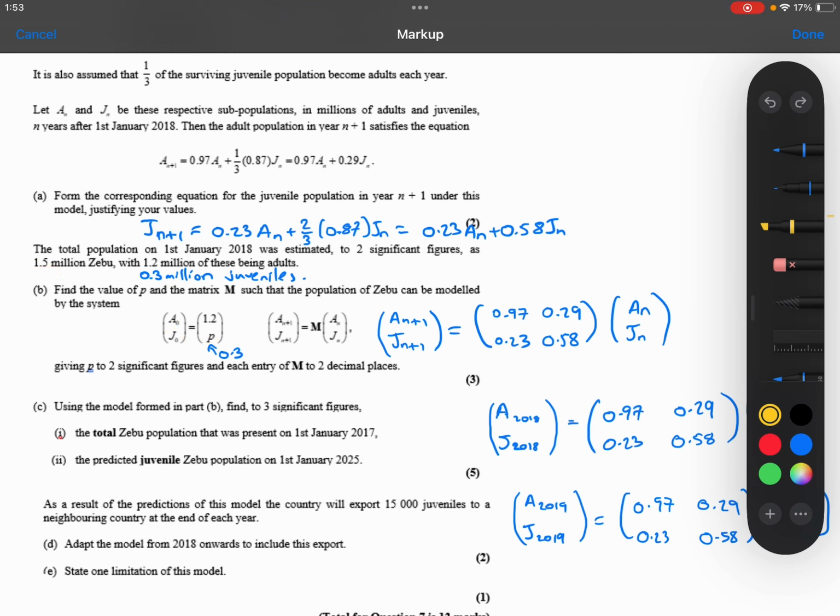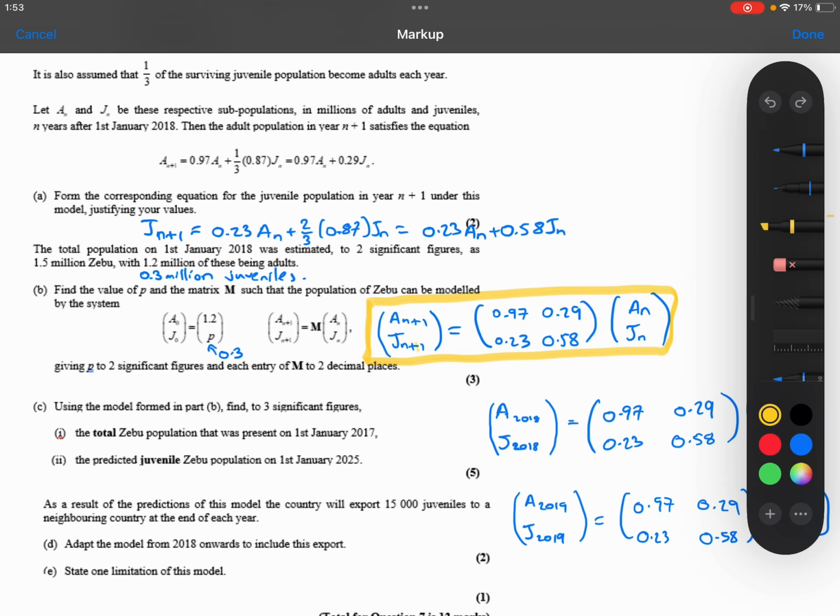Then I've set up my matrix equation. I've set it up here, look, where I've got the adults, the next year is equal to 0.97 times the adults from the previous year plus 0.29 times the juveniles from the previous year. That's that equation we were given.